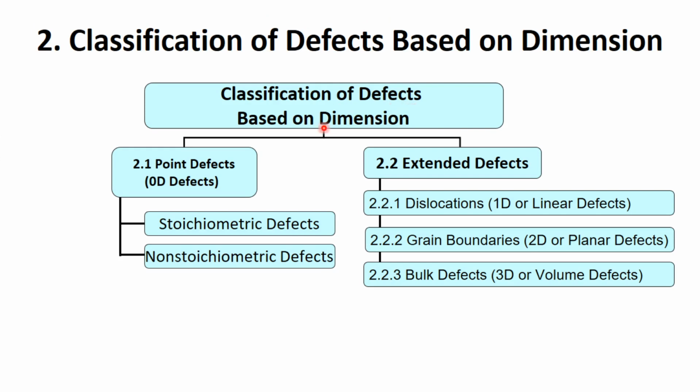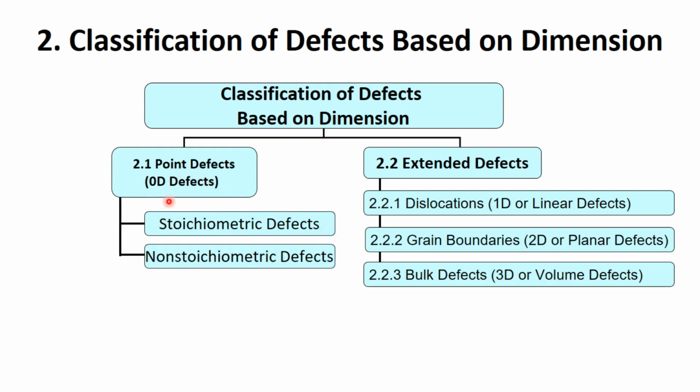Classification of defects based on dimension is very easy. For example, we can classify them into point defects and extended defects. And point defects can further be classified into stoichiometric and non-stoichiometric defects that we have already studied.